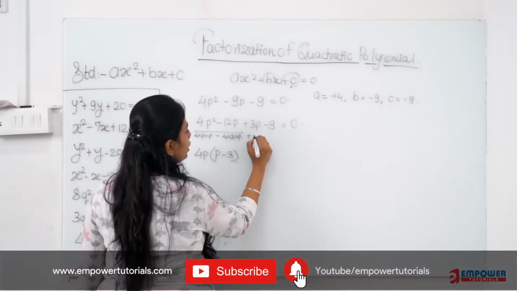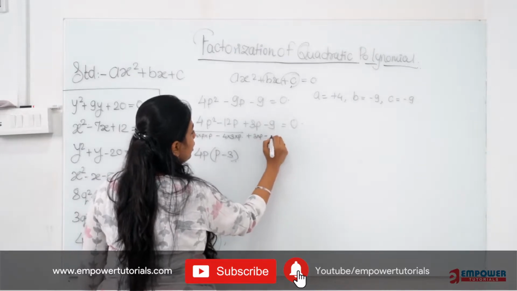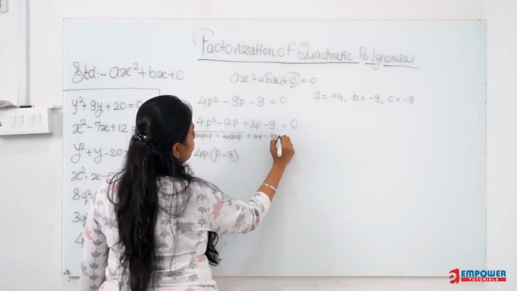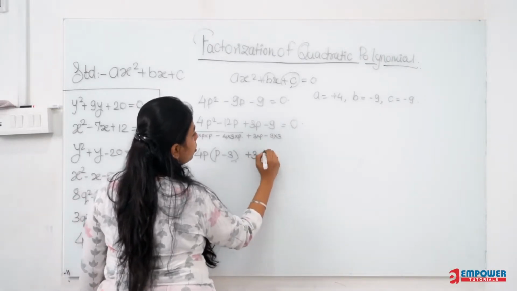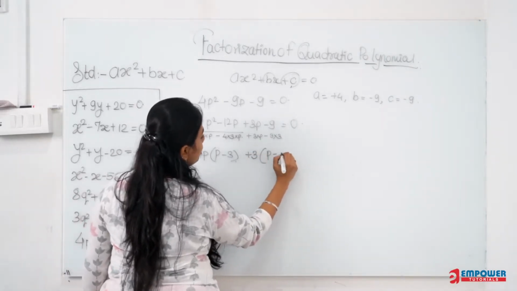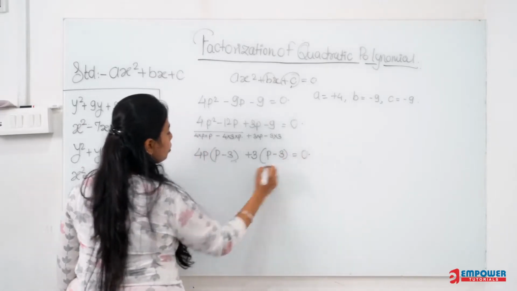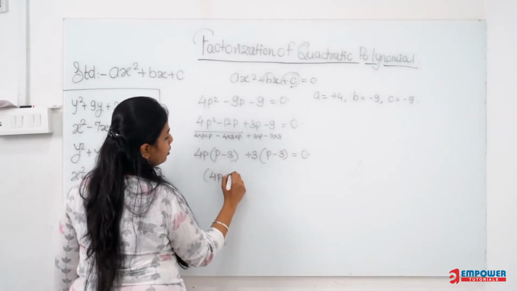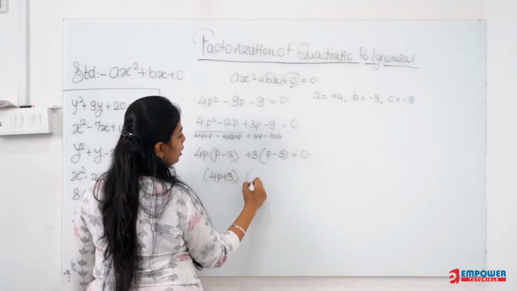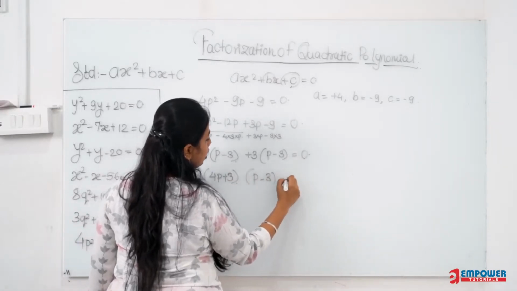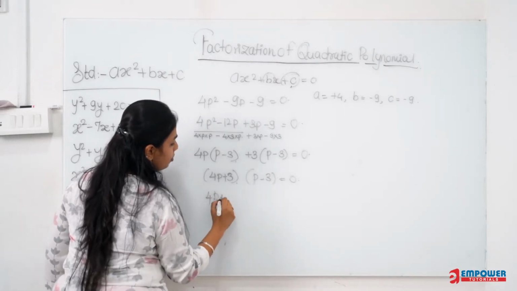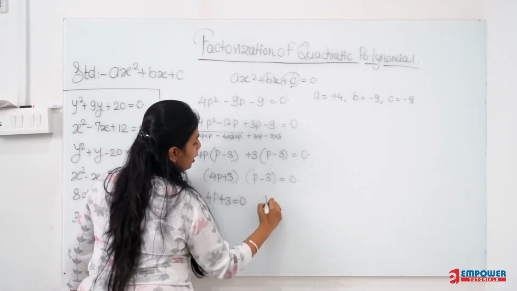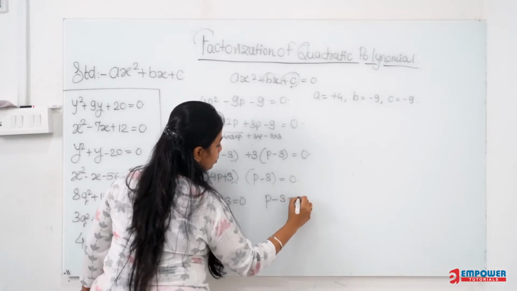And here it is 3 into p minus 3 into 3, so I will take plus 3 as the common factor, and in the bracket I will have p minus 3, which is equal to 0. So I will have 4p plus 3 in one bracket and p minus 3 in the other bracket. So this will be 4p plus 3 is equal to 0, and p minus 3 is equal to 0.